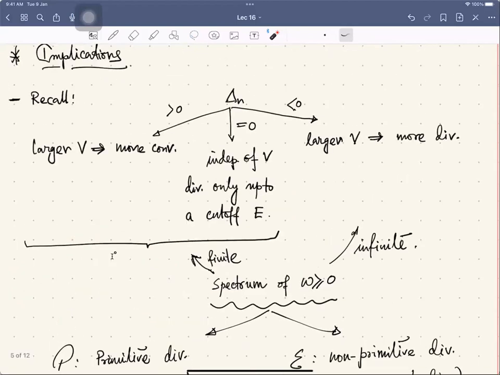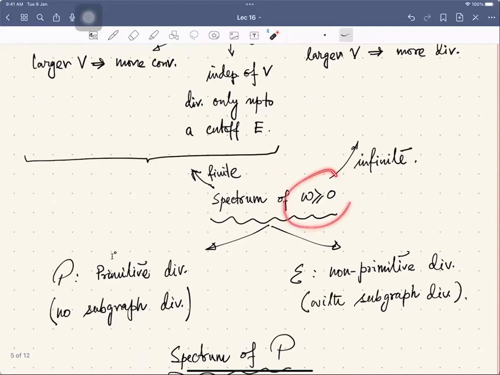In case of delta n equal to 0, you can keep on increasing V without affecting the value of omega, which means you are adding more and more vertices. The omega does not change. If you keep E fixed, then you can create more and more complicated graphs with the same value of omega. And those graphs must be divergent, because omega greater than or equal to 0 is necessarily divergent.